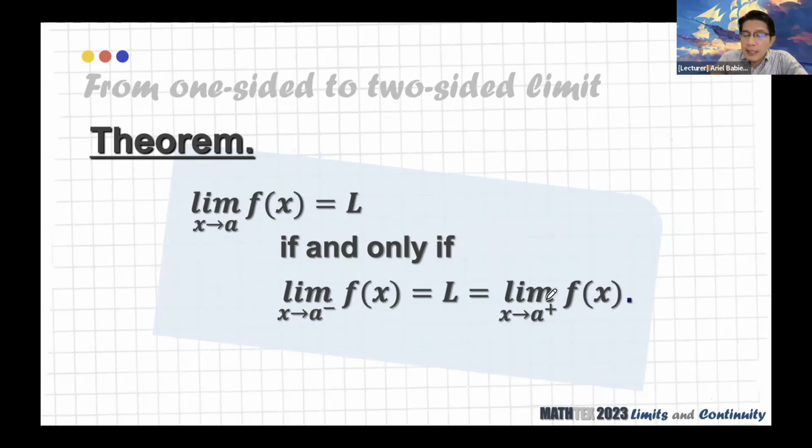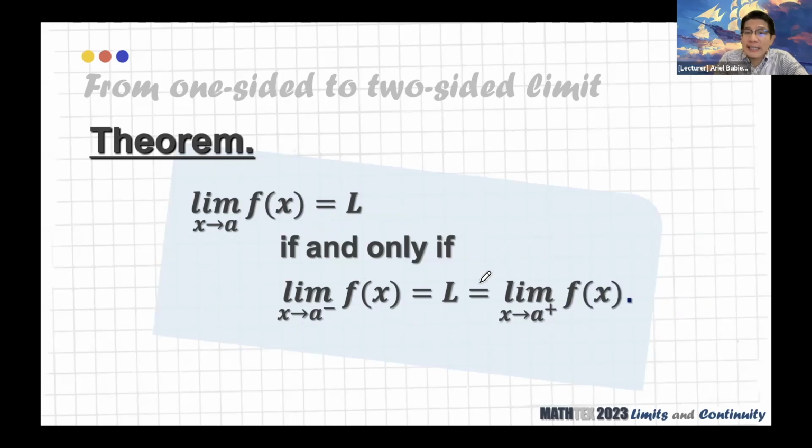So this should be satisfied before this will hold. It's a necessary and sufficient condition. So pwede ka lang palang magkaroon ng actual limit, the limit of the function as x approaches a is L, if and only if we have one-sided limits, limit from the left of a, limit from the right of a, and the two limits are equal.